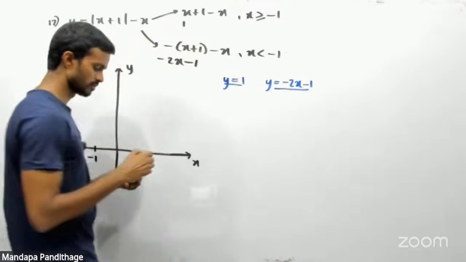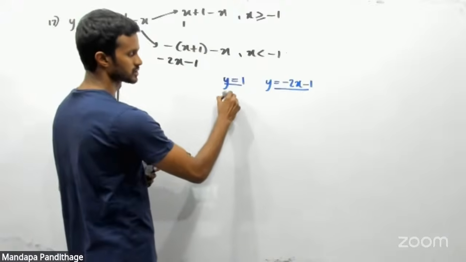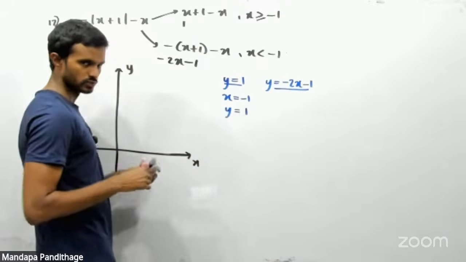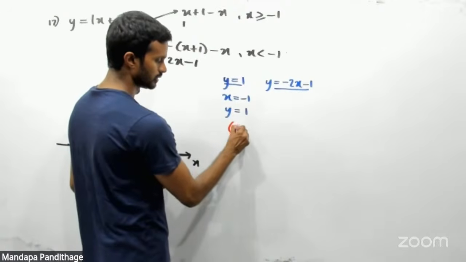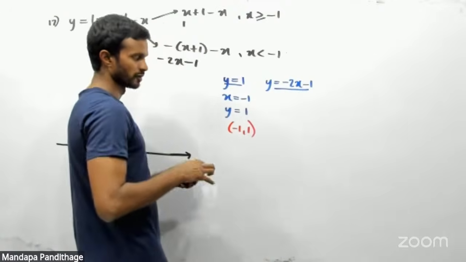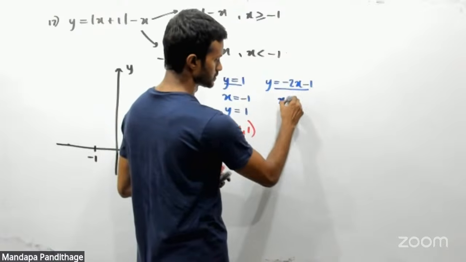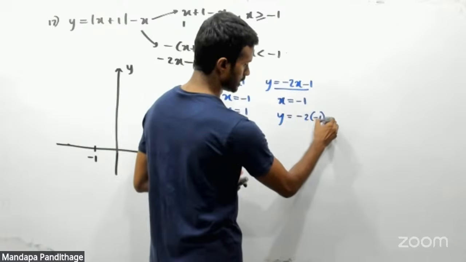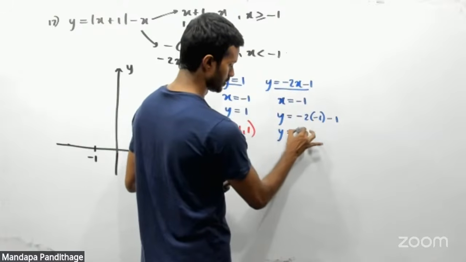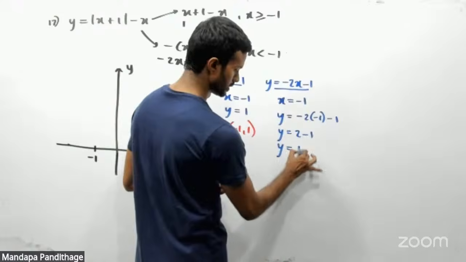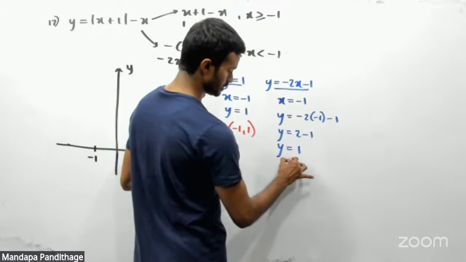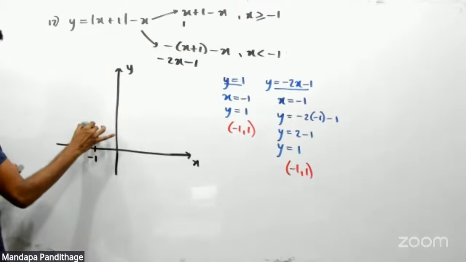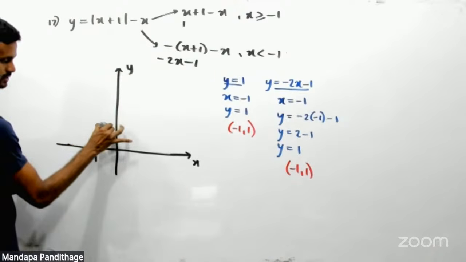You don't have to worry about the coordinate, because whatever x value you substitute, y will remain as 1. That means it is going through the point minus 1, 1. Even here, when you substitute x equals minus 1, you get y equals 2 minus 1, so y is equal to 1, which means this is also going through the point minus 1, 1. So mark that point.